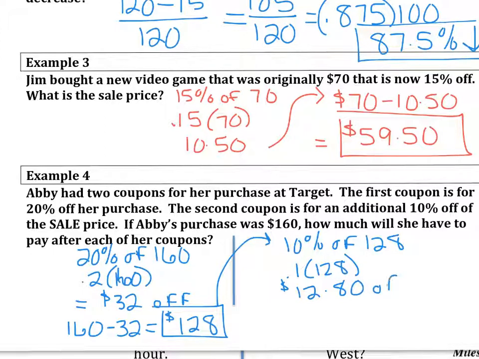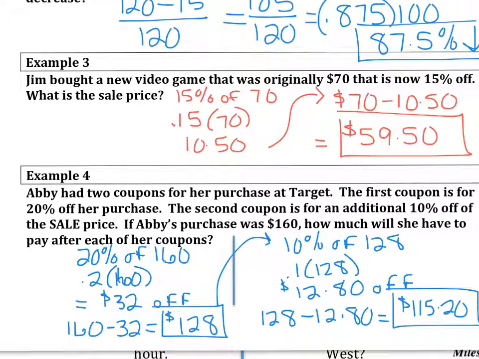But that's off of the sale price, not of the original price, of course. So her new price would be $128 minus the $12.80, which would leave us with $115.20 as her final price.